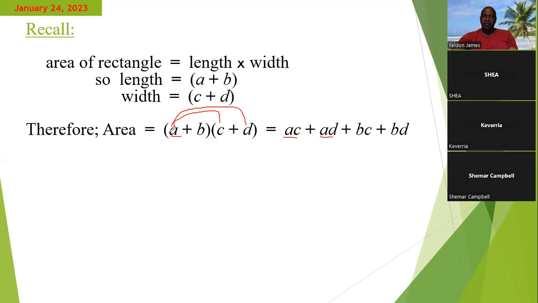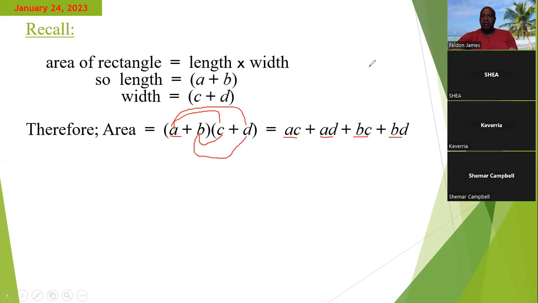Now, after we are through with using the A to distribute to the second bracket, now we need to use the B and do the same thing. So we're going to treat now the B as a single term, using it to multiply out the second bracket. So we have B times C, we get BC, and then B times D gives us BD.